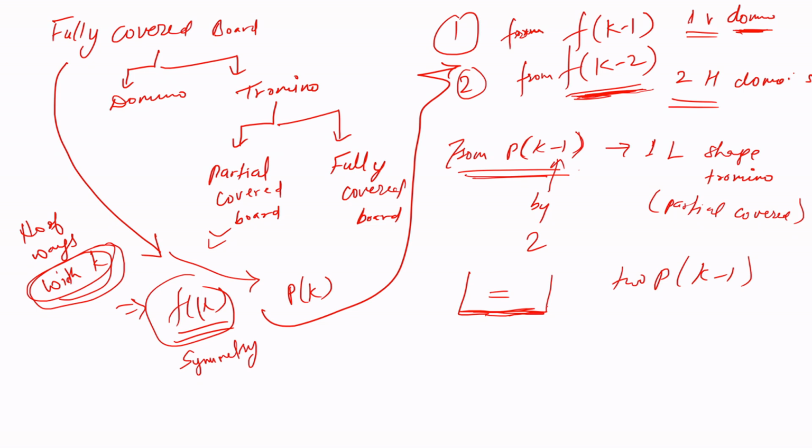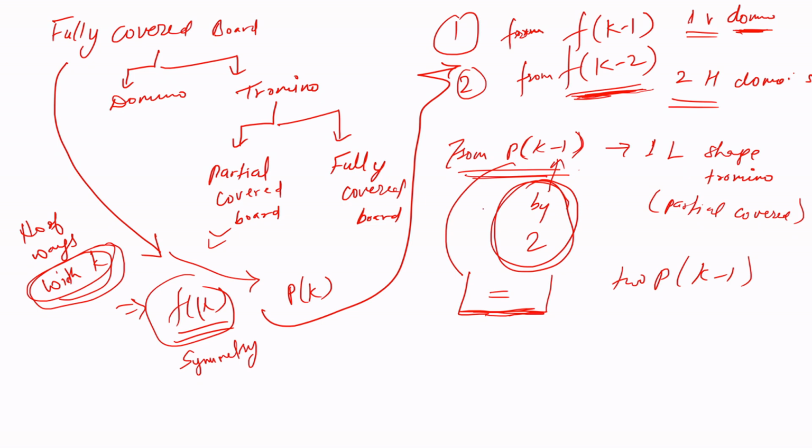Logically there must be an equal number of ways to fully tile the board from this one, P of k minus 1 state. So rather than count the number of ways twice, we simply multiply the number of ways from P of k minus 1 by 2, correct?